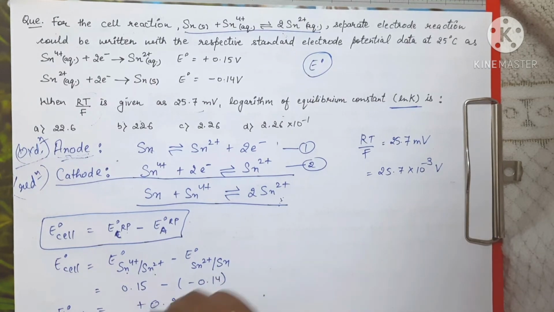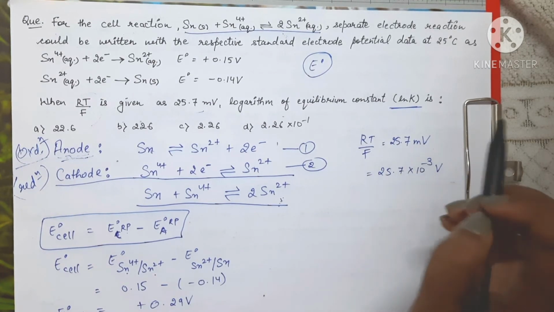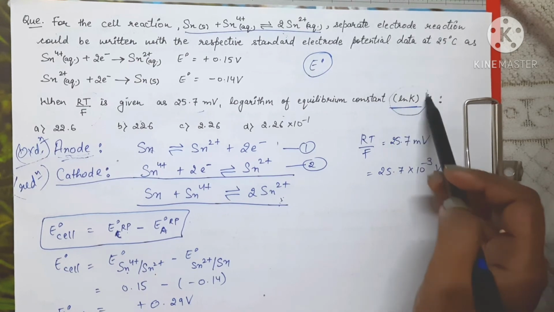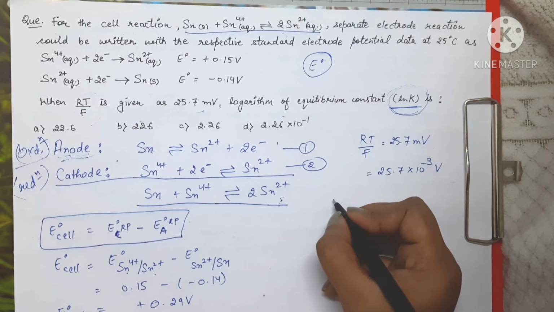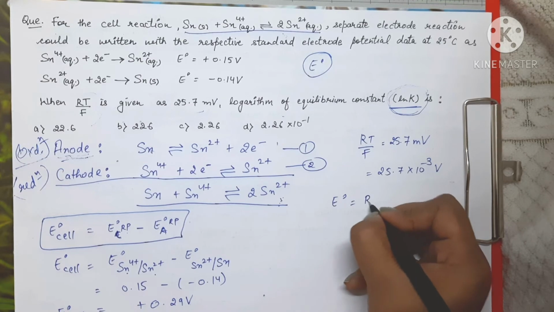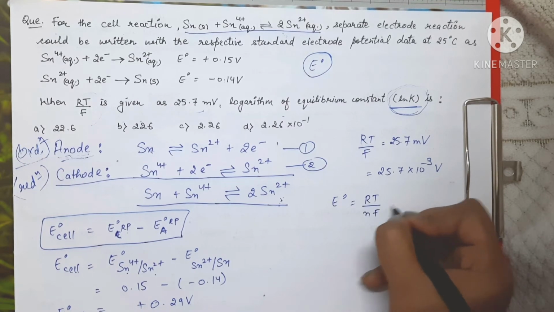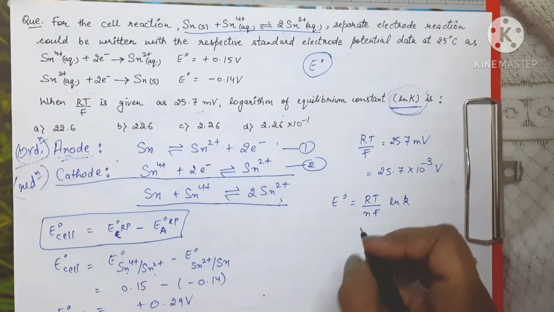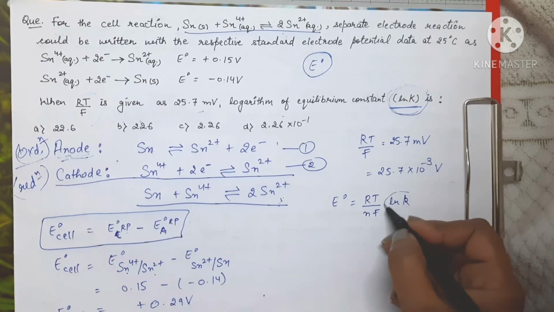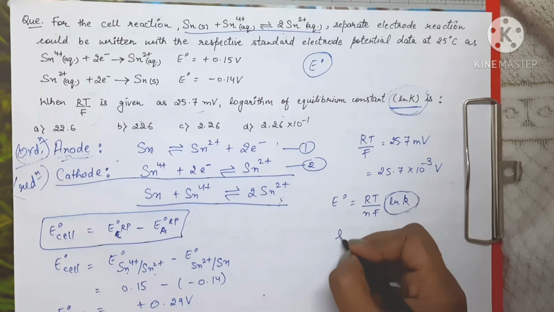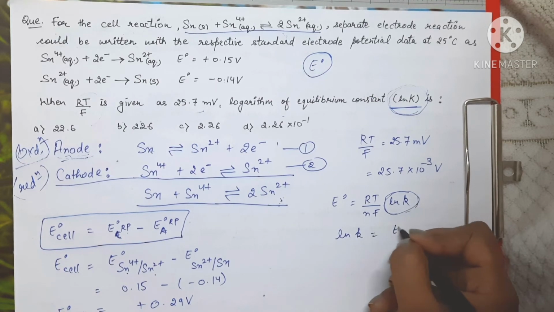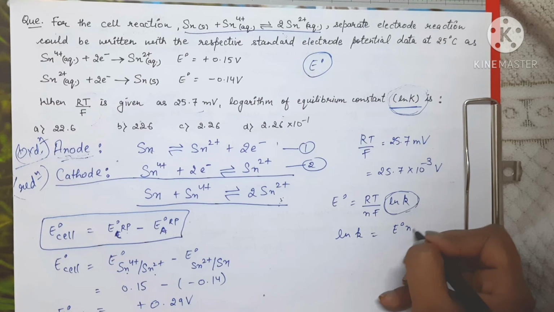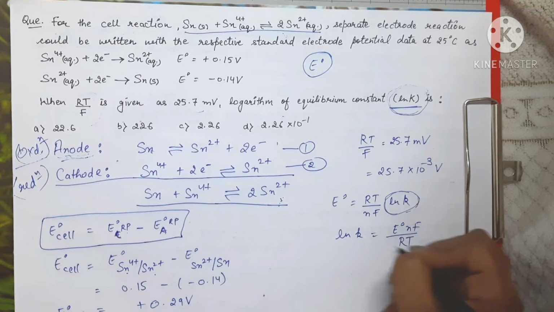Now we know the relation between E naught of cell and ln k. What is that relation? That is E naught is equal to RT by NF ln k. Now we want to find the value of ln k, so it will be equal to E naught NF upon RT.